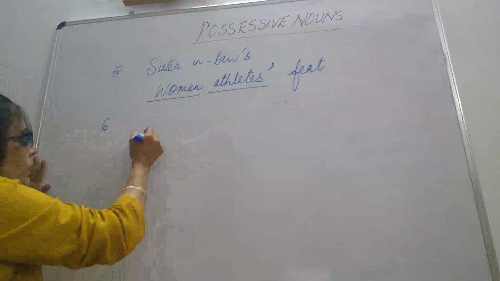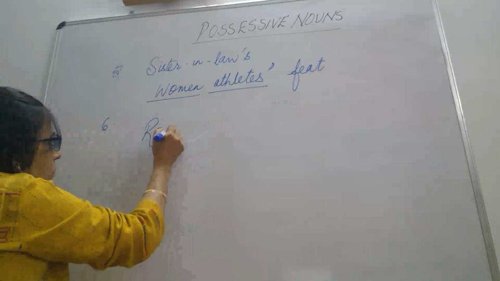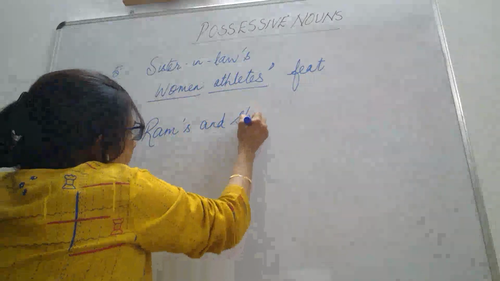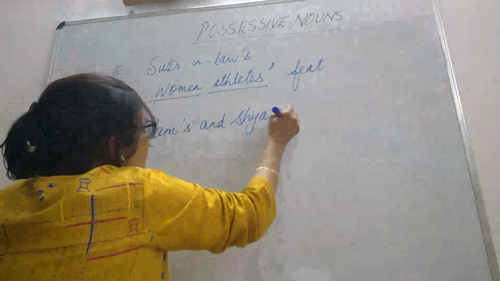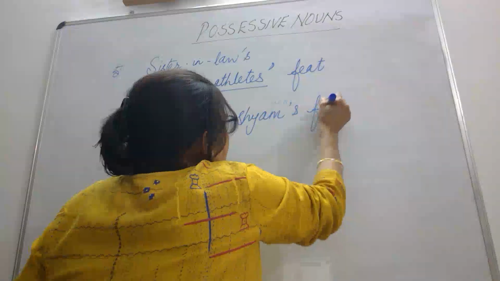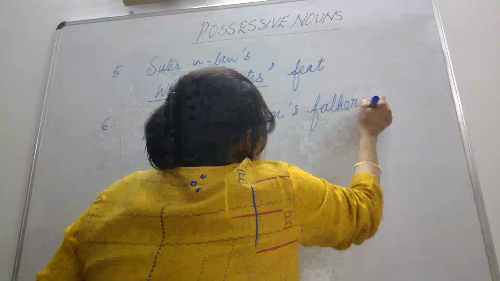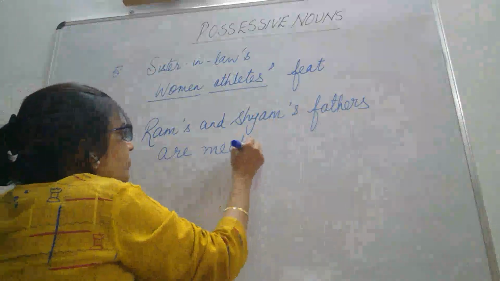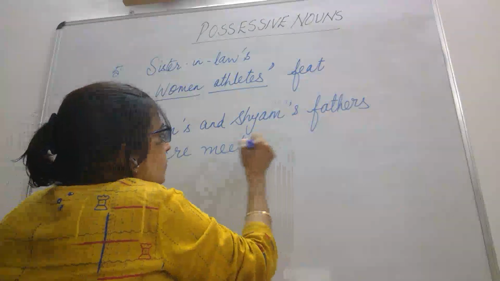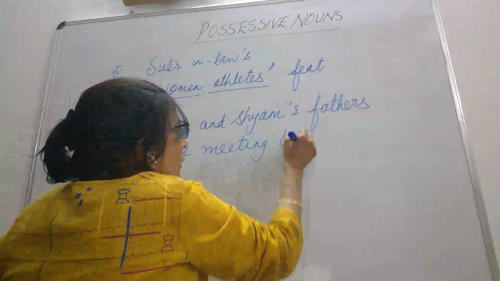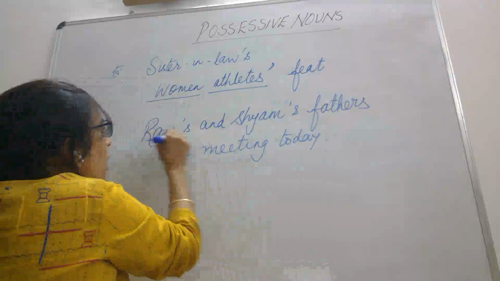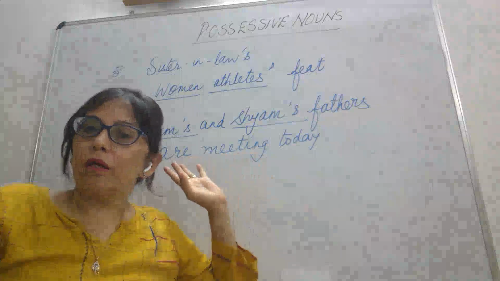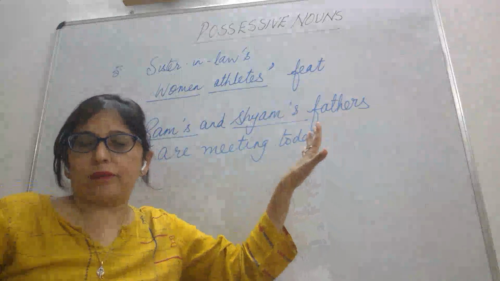For example, when I say Ram's and Sham's fathers are meeting today. So what does this sentence mean? Quickly look at this. Ram's and Sham's fathers is Ram's father and Sham's father.